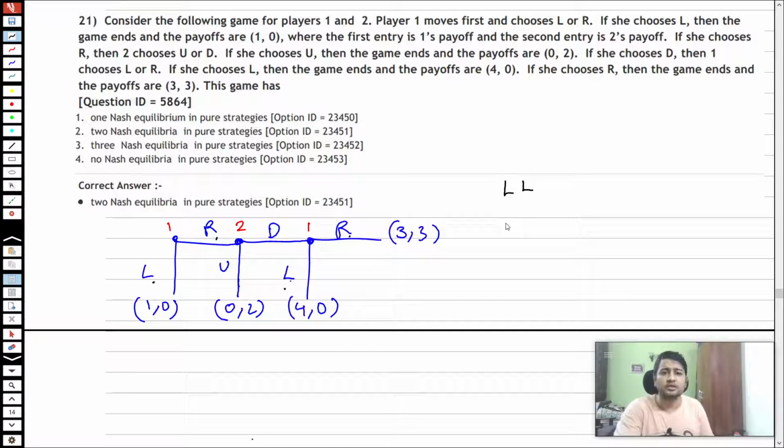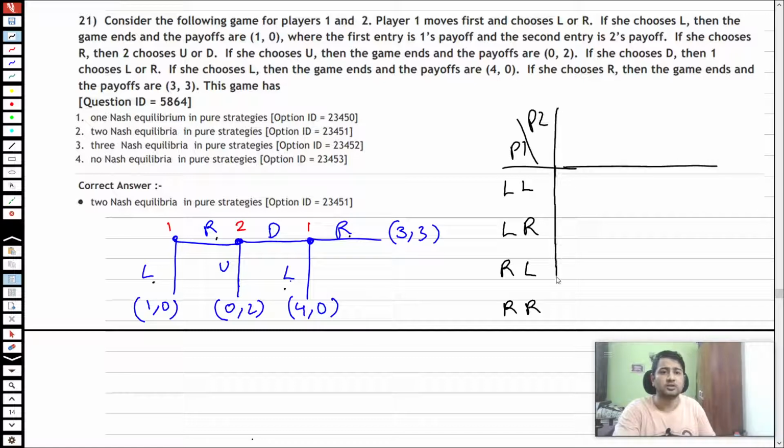So LL is one option, LR is another option, RL is another option, and RR is the final option. So this is player 1. For player 2, we will have these two options: up and down.